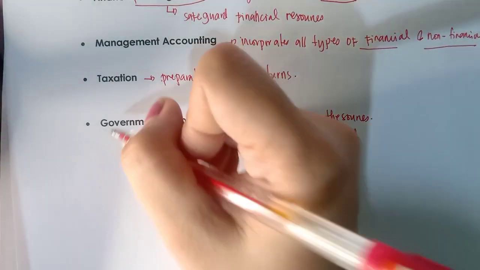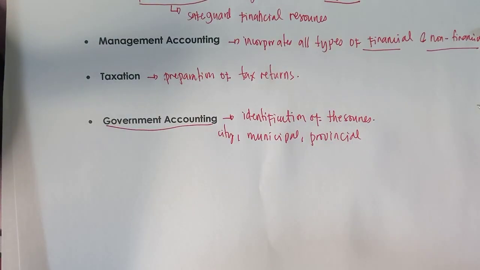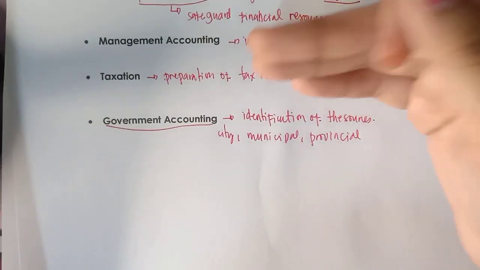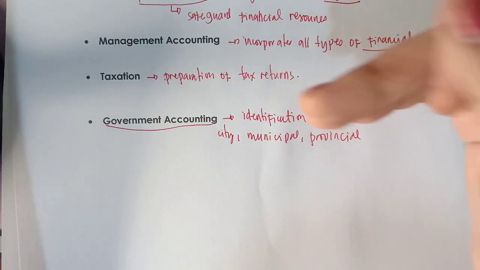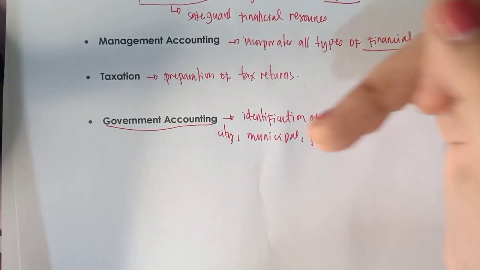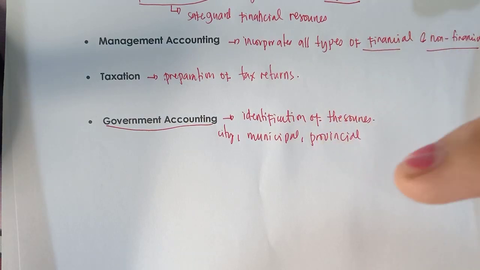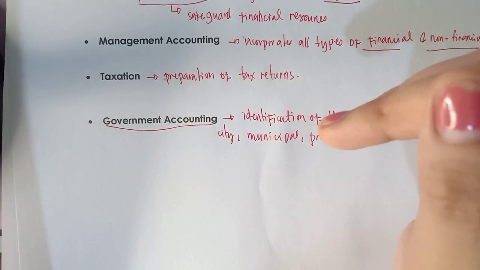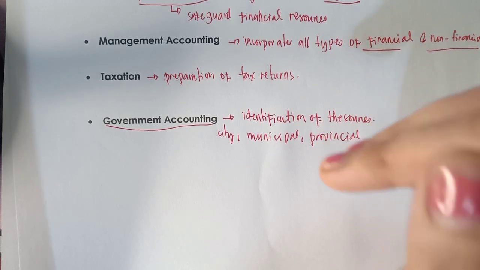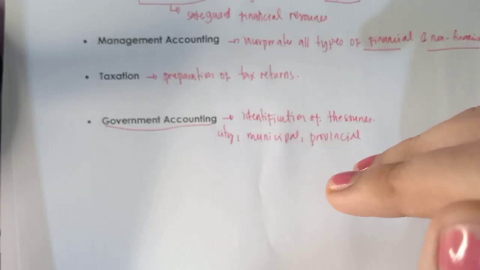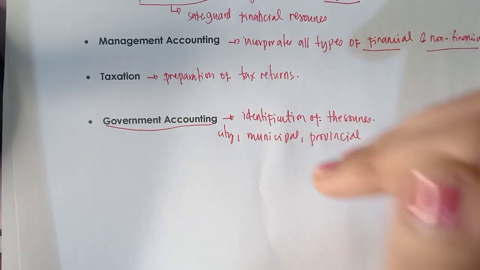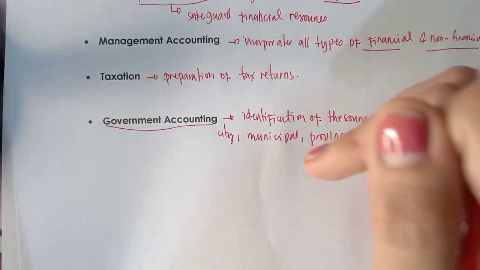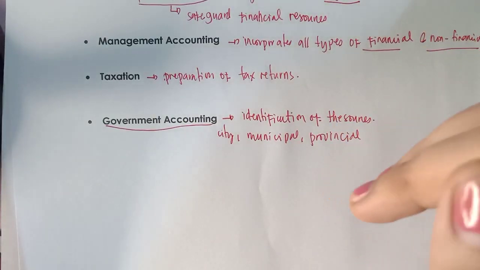So, dito umiikot ang government accounting, because government will collect and at the same time they will spend huge amount of public funds. That is why government accounting is one of the branches in order to have the necessary proper custody and disposition of these funds.